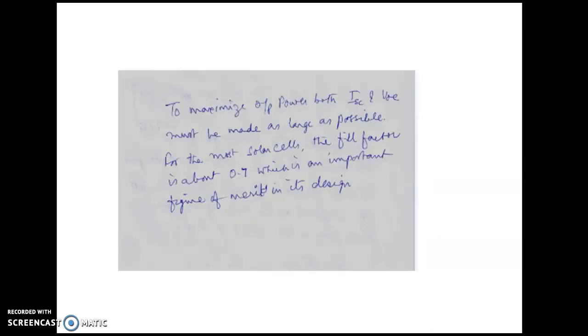To maximize output power, both short circuit current and open circuit voltage must be made as large as possible. For most solar cells, the fill factor is about 0.7 to 0.9, which is an important figure of merit in its design. Thank you.